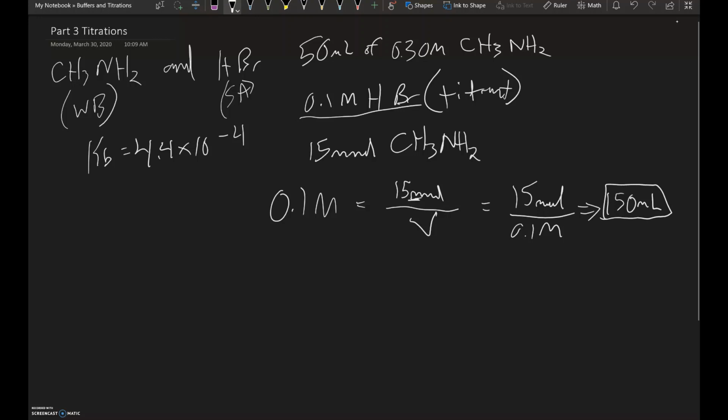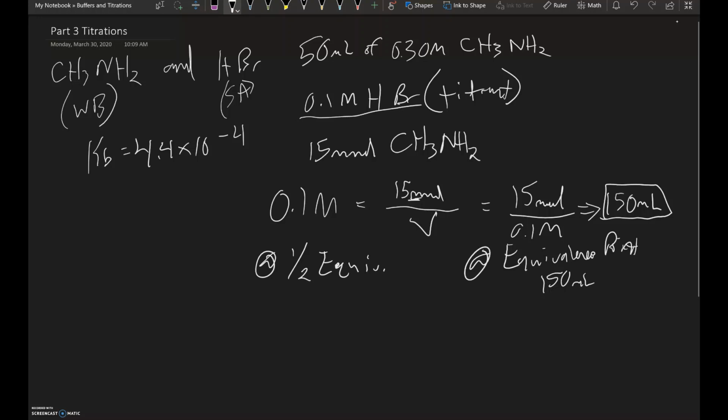So to reach the equivalence point, we need 150 milliliters of the 0.1 molar HBr. At the half equivalence point, we need half that volume, so we need 75 milliliters.